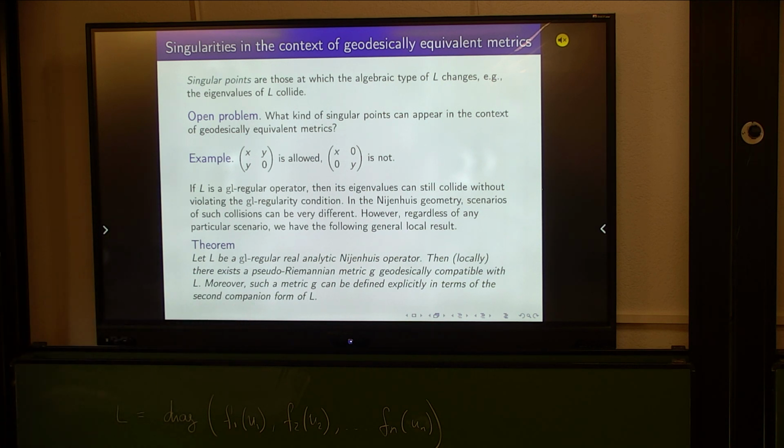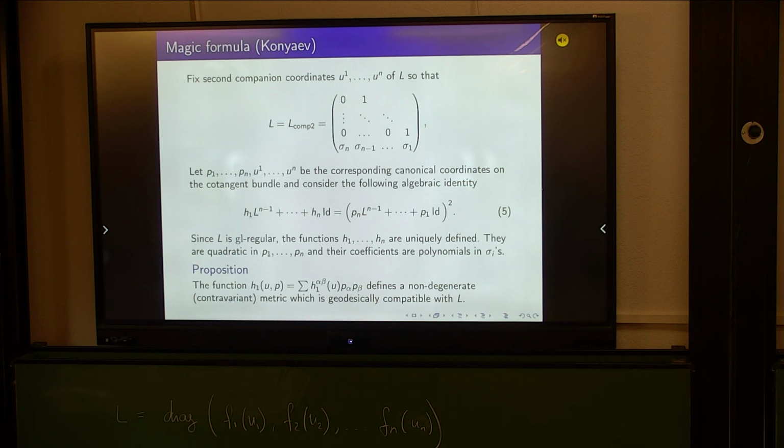And this is, to my taste, a magic and beautiful formula. So how are G and L related to each other? The statement is as follows. Consider operator L. It is GL regular, so it can be reduced to the second companion form, like this. Now let's consider this identity here.